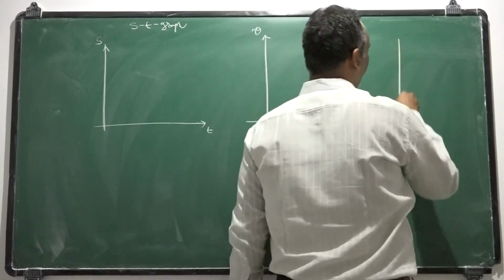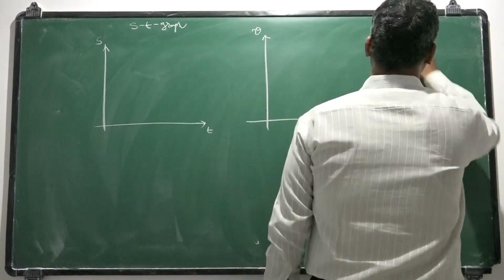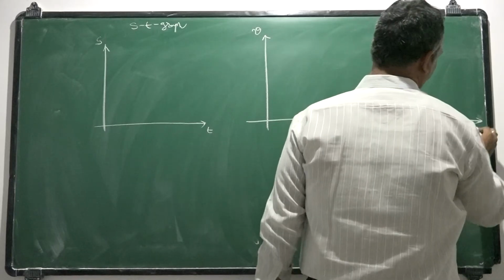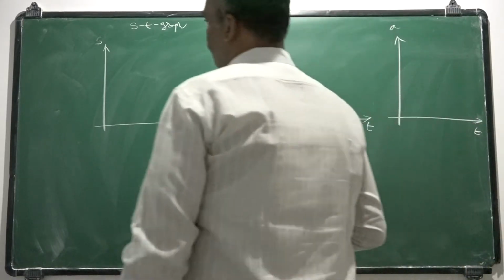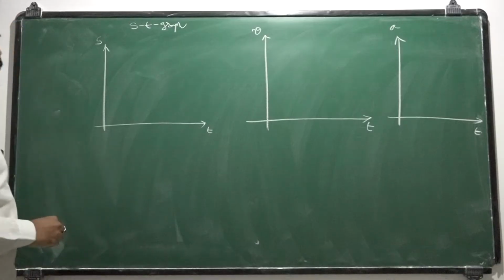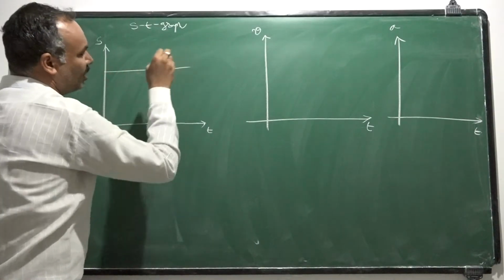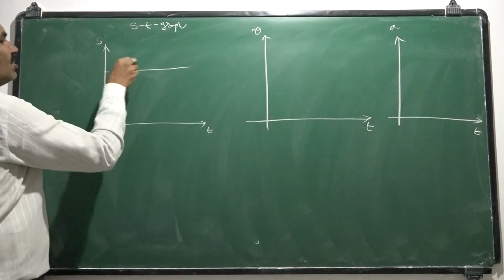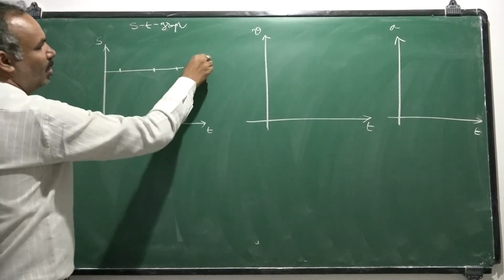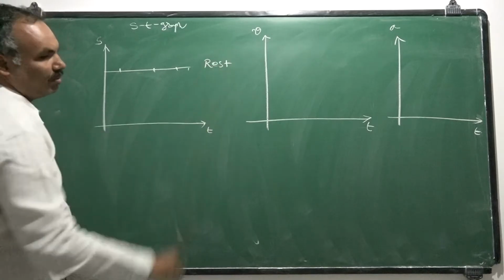Similarly, we may draw a graph related to acceleration and time. Here, the displacement time graph may find different shapes. If it is a shape like this, then the body position is not changing with respect to time. Then body is said to be in the state of rest.